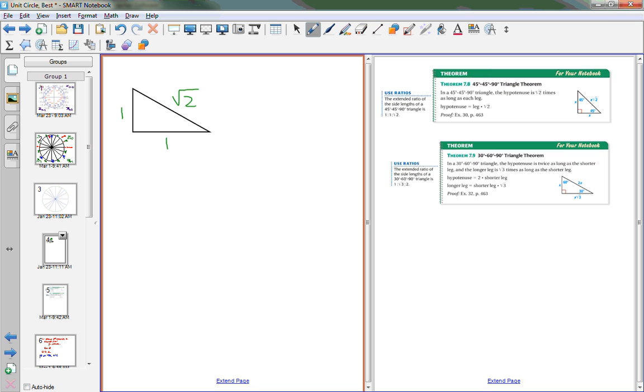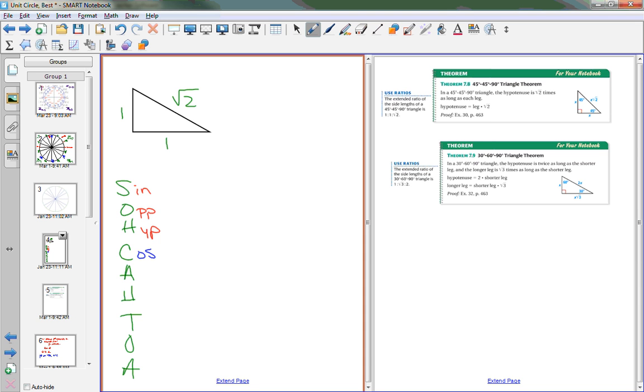Now, have we all heard about SOHCAHTOA? You guys learned SOHCAHTOA back in Algebra 1, back in the day whenever they first introduced trig functions to you using proportions, right? Now, what this is saying is that your sine value is equal to your opposite leg divided by your hypotenuse.